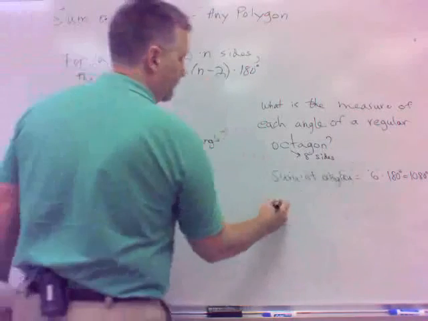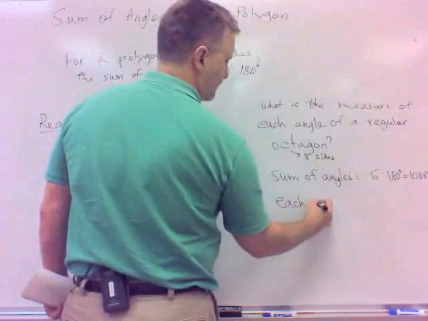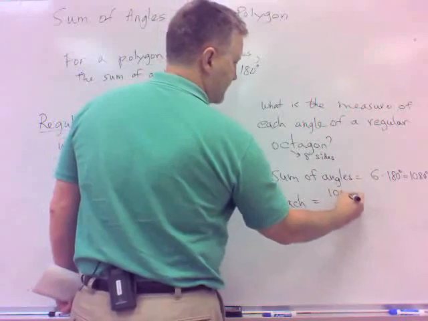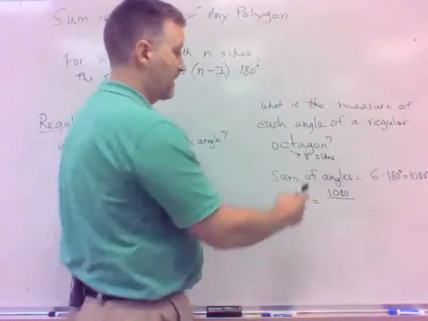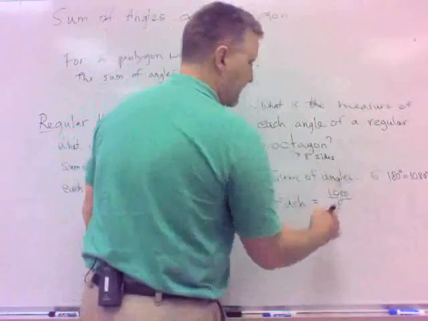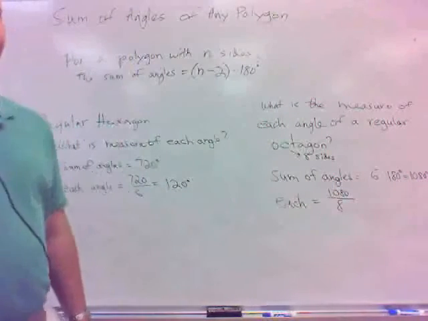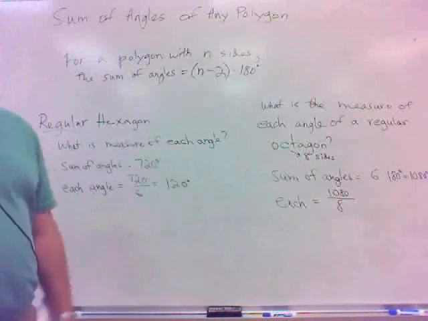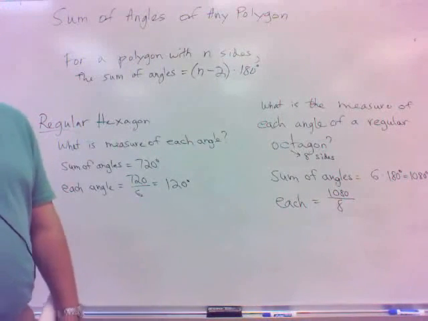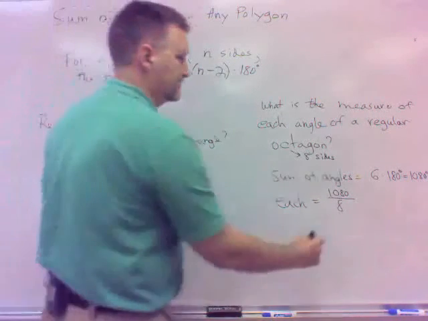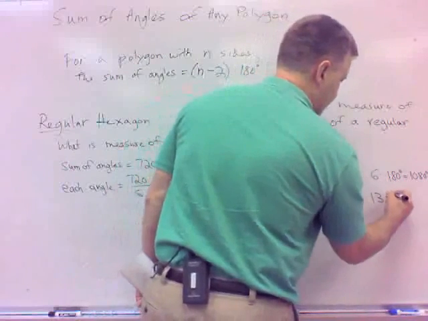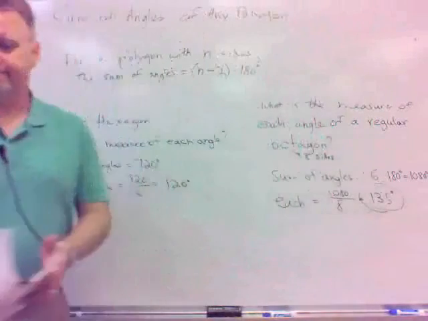Each of them, though, would be what? Well, I'd take the 1080 and divide it up by how many? I'd go back to 8, wouldn't I? Because there's 8 angles. There's 6 triangles, but there's still 8 angles. So 1080 divided by 8, what did you say? 135? All right. Is this okay?